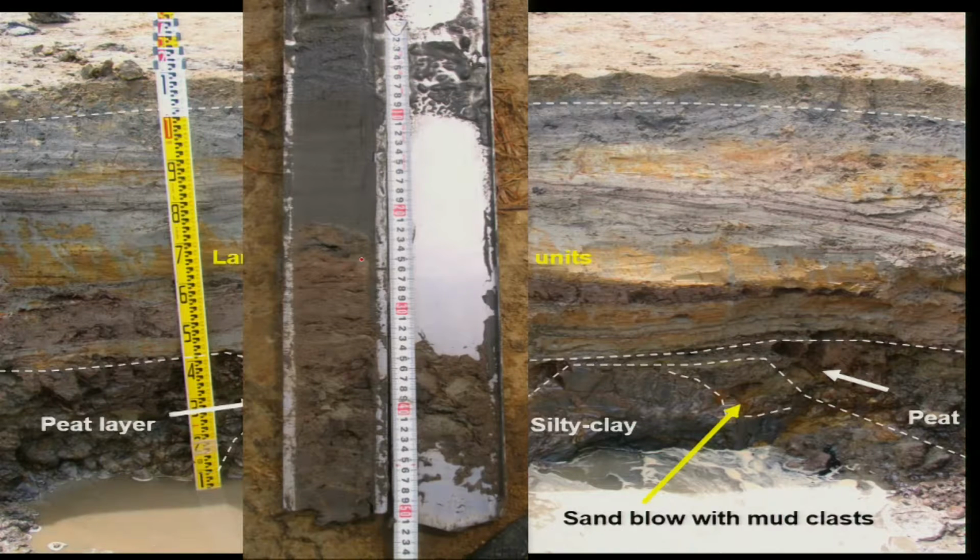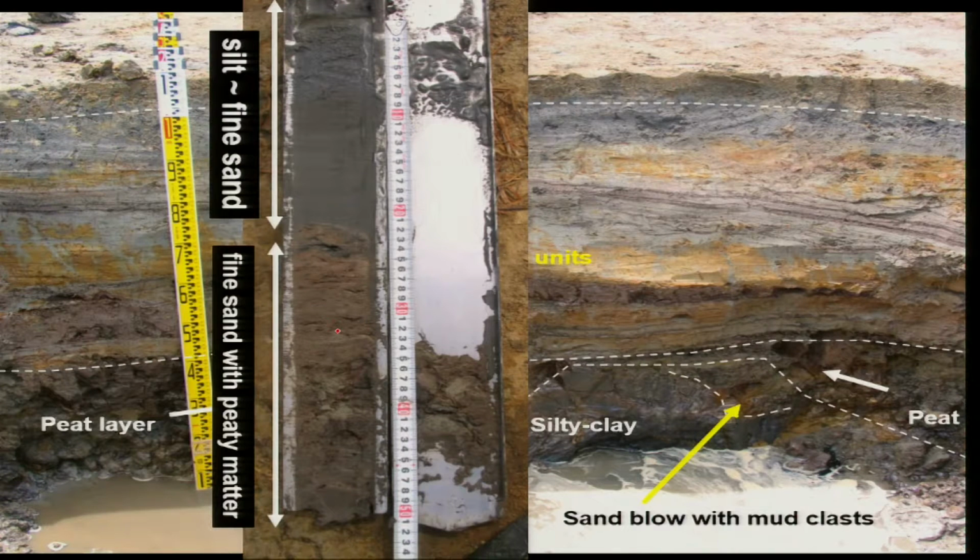The sharp boundary clearly indicates that there was a sudden change in land level and the environment changed. This indicates the deeper environment, and this indicates the shallower environment, where tidal waters were coming in and getting deposited. So mostly you will see laminations, as seen in tidal deposits.